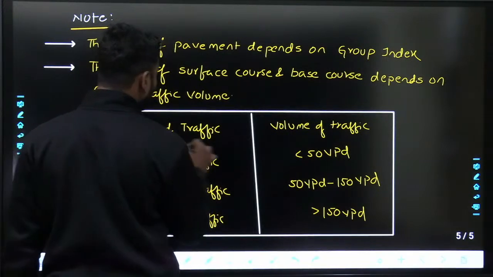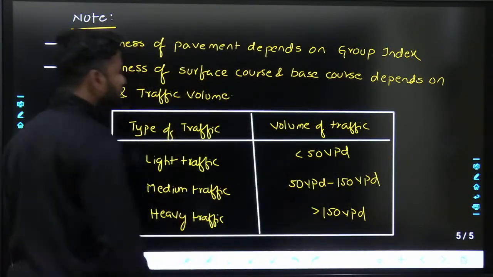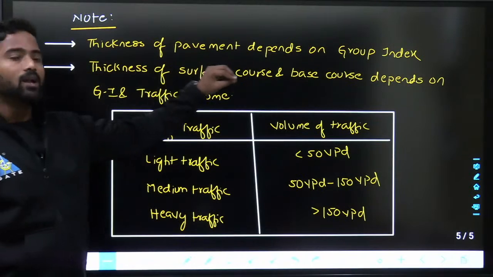Fine. So, based upon the traffic volume and group index, generally you will provide surface course and base course.